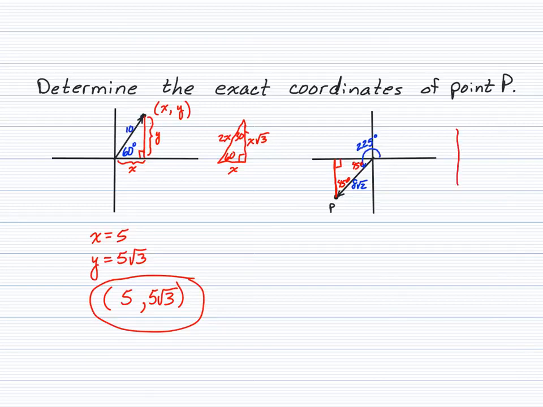Now, your properties from geometry say that when you have a 45 right triangle, the two legs are going to be the same length, and the hypotenuse is whatever one of those legs is times the square root of 2.